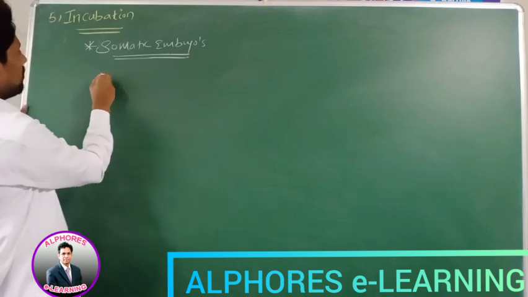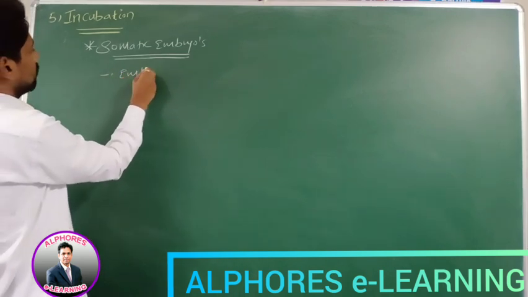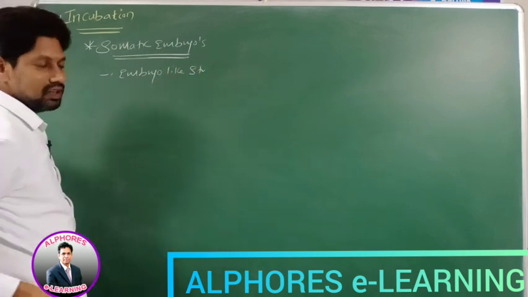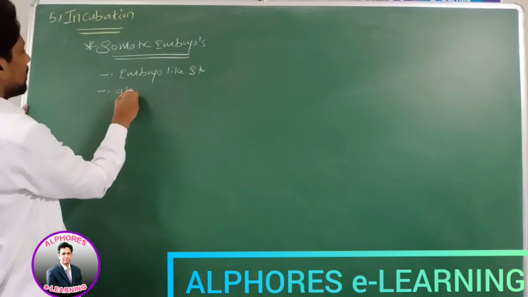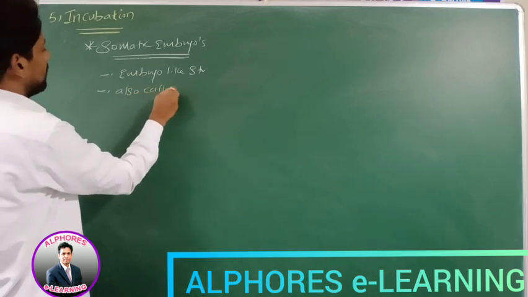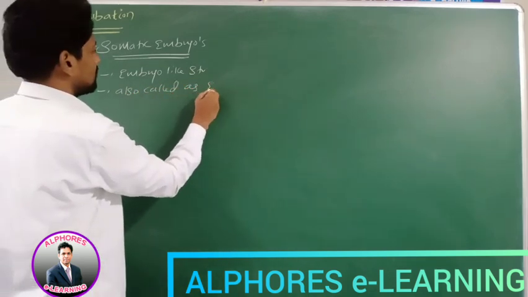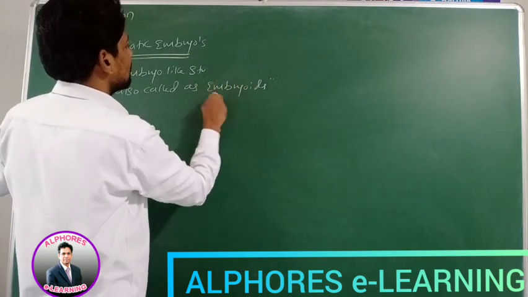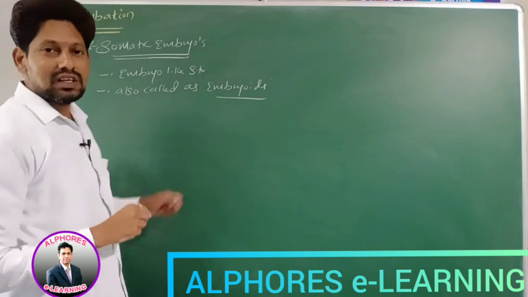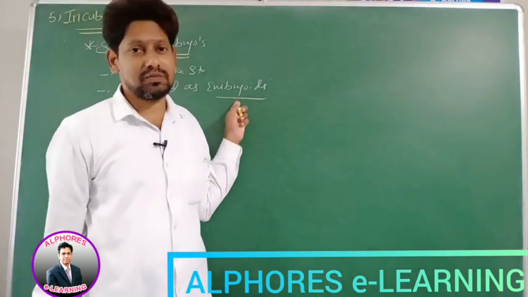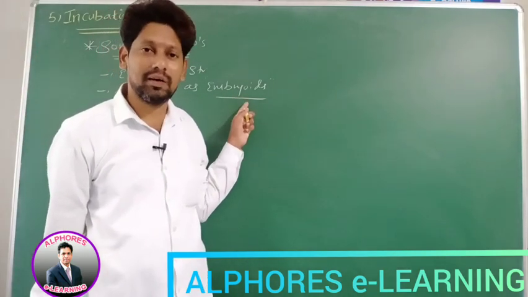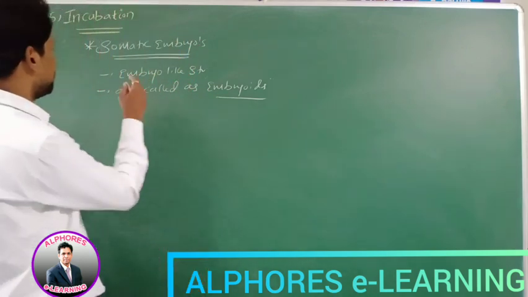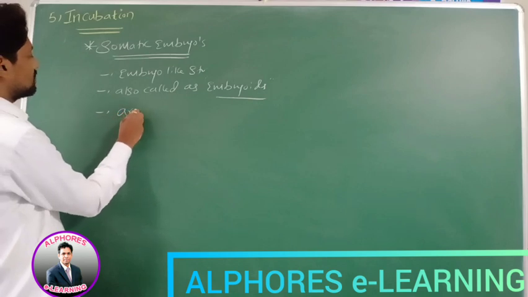The somatic embryos are also called embryoids. Generally, an embryo should be developed from a zygote. But here the zygote is not formed. Therefore, somatic embryos are non-zygotic.